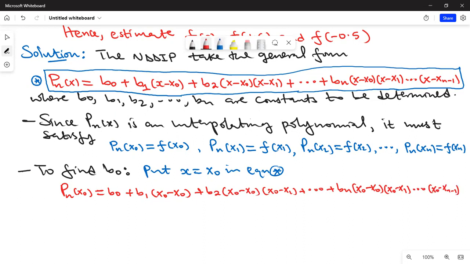So where we have x0 minus x0, this will be zero, and the other terms will vanish except the first term.